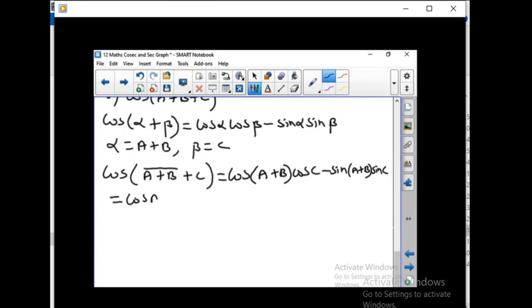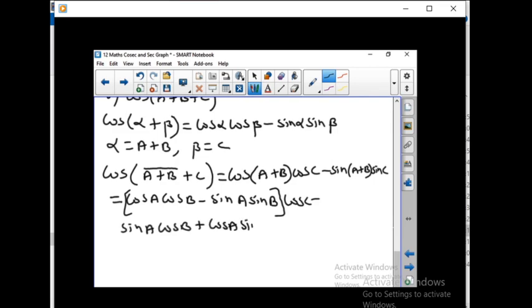So, it is (cos a cos b minus sin a sin b) into cos c, then minus sin(alpha plus beta) formula. So, we have (sin a cos b plus cos a sin b) into sin c.